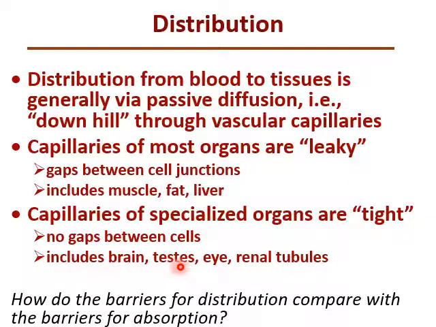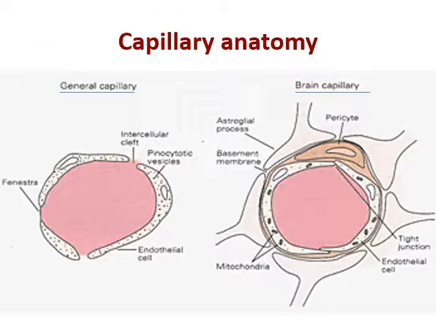So the blood vessels that perfuse all these organs have tight junctions, and renal tubules are important. We're going to be talking about that a little bit later when it comes to drug elimination. So it's worthwhile knowing these tissues as specialized organs with tight junctions.